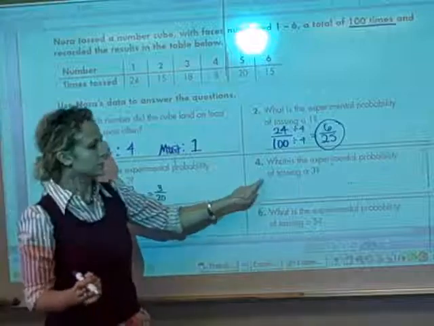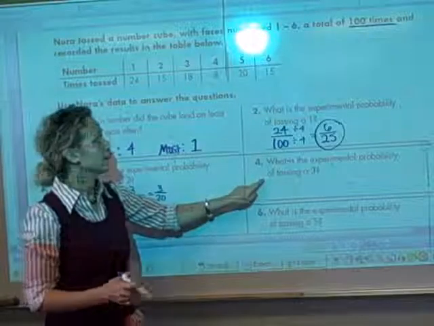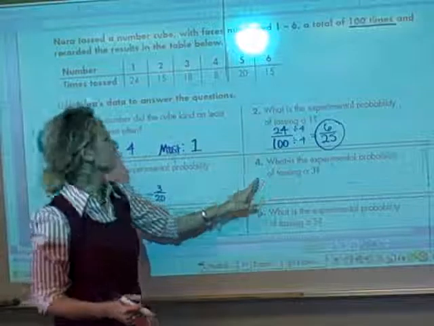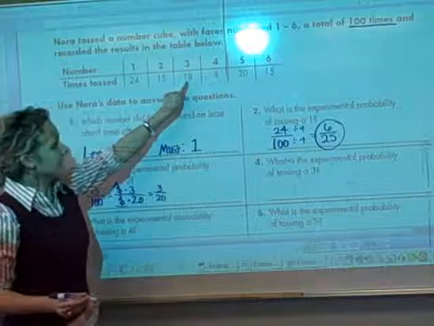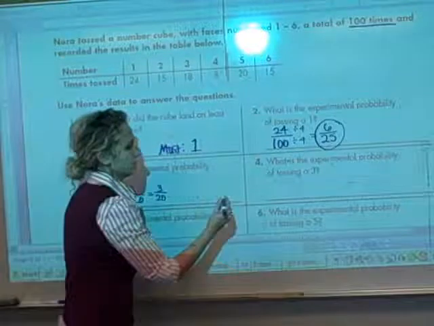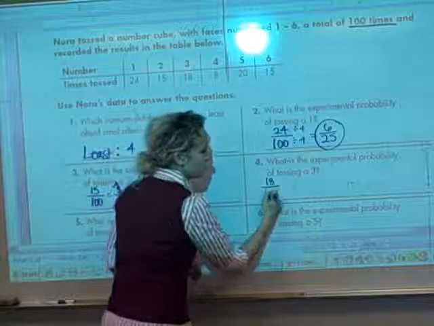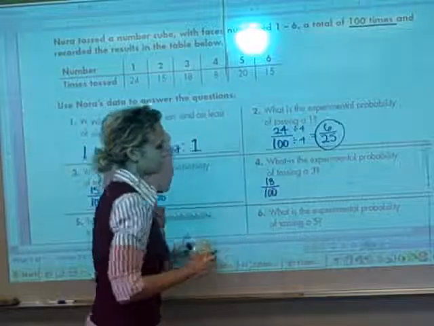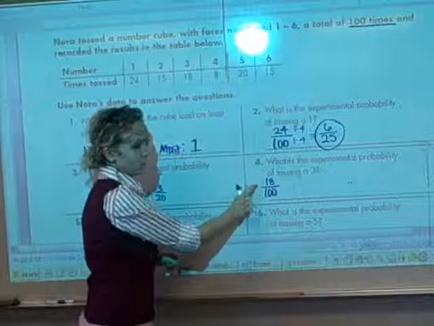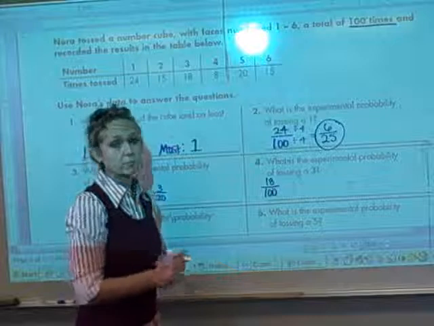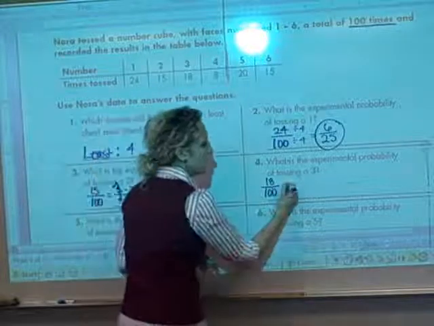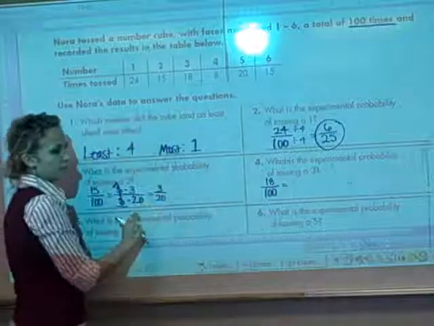So look here, what's the experimental probability of tossing a 3? Hit pause, try it on your own. We got a 3 18 times out of a total of 100 rolls. I know that these are both even numbers, so they're both divisible by 2. So when I simplify, I'm going to simplify like I did in this one over here.